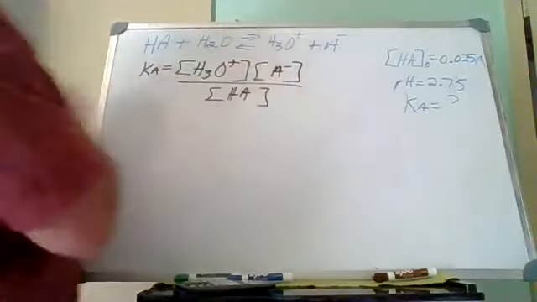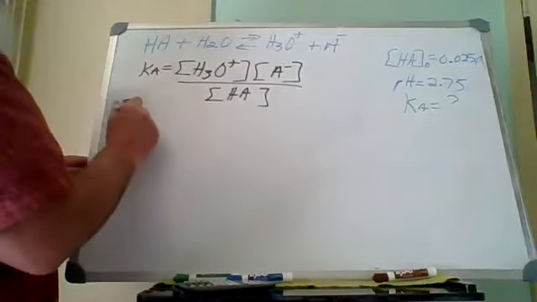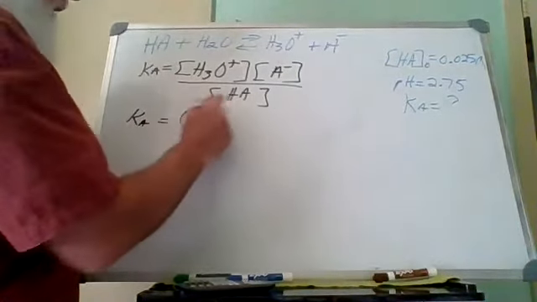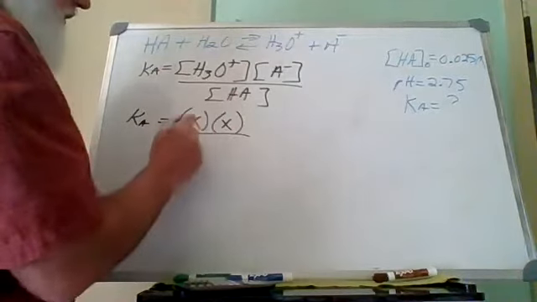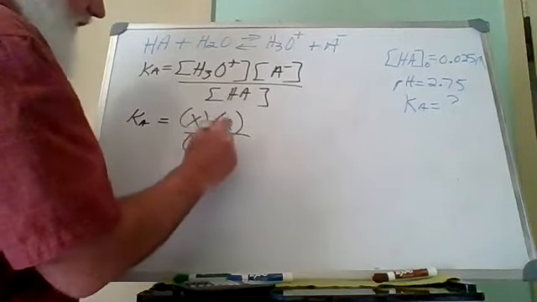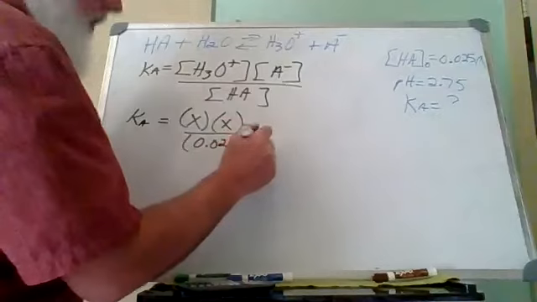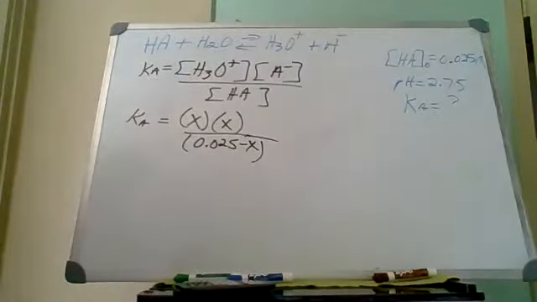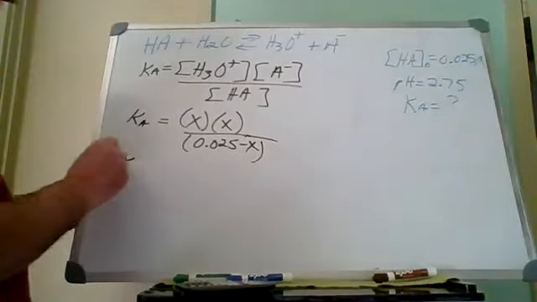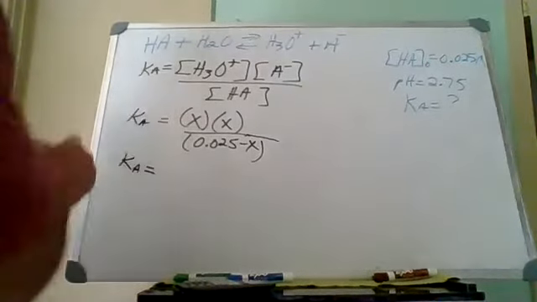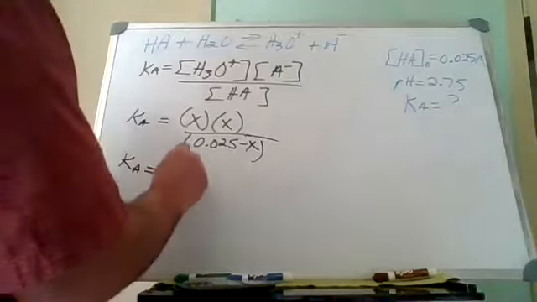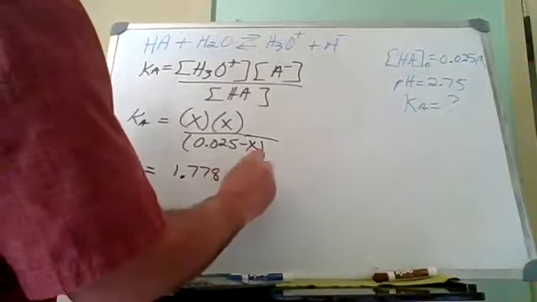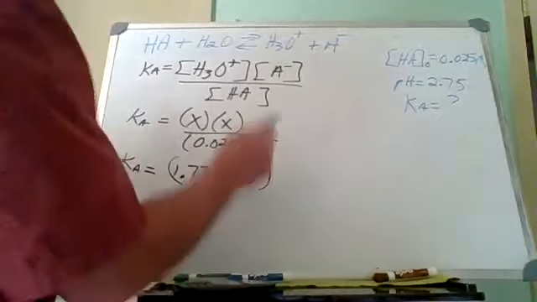All right, so from the ICE table, I know the equilibrium concentrations. Ka is X times X divided by 0.025 minus X. Right? I know what X is, so I can calculate Ka. So Ka is equal to 1.778 times 10 to the minus third, and that's actually going to be squared.